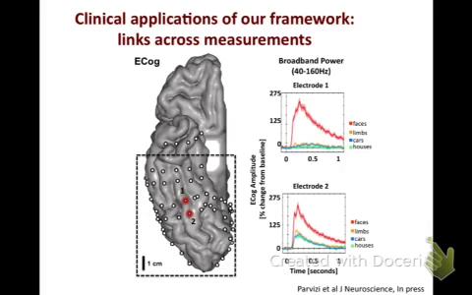For example, we had a patient that was a candidate for epilepsy surgery, and one of the things that the surgeon does is test functional selectivity in the subject's brain, because if you would find that the epilepsy is in a face selective region, you might not want to remove it, because that might disproportionately impair face processing in that subject.